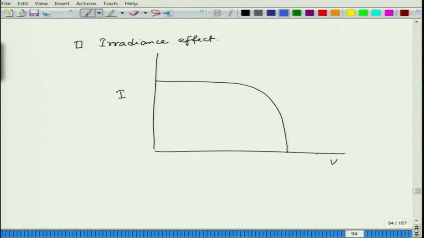Now, if you go up in irradiance, okay, and if you go down in irradiance, okay. So, basically in this direction we are going up.